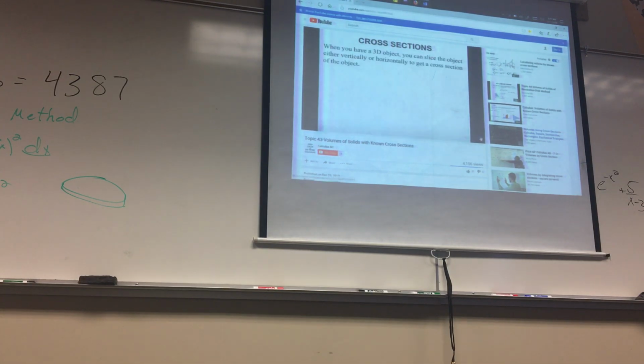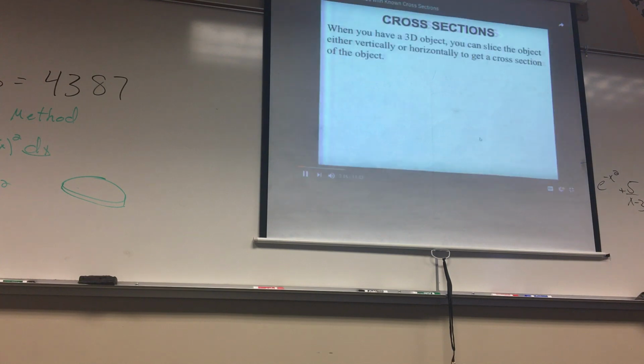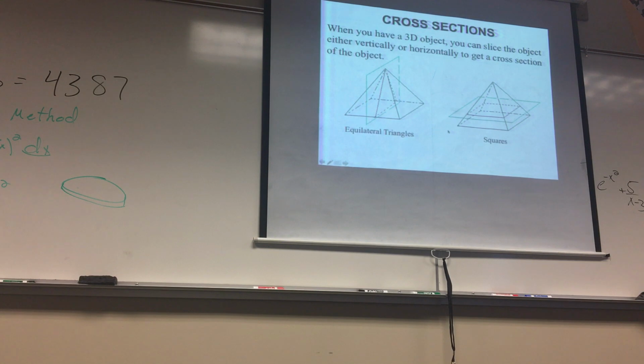When you have a 3D object, you can slice the object either vertically or horizontally to get a cross section of the object. For example, here would be us slicing a pyramid vertically and then horizontally. You'll notice that here your cross sections are 2D equilateral triangles, and here your cross sections are 2D squares.